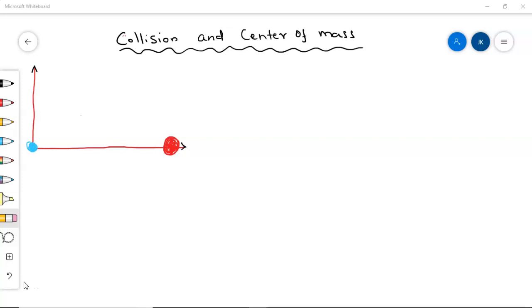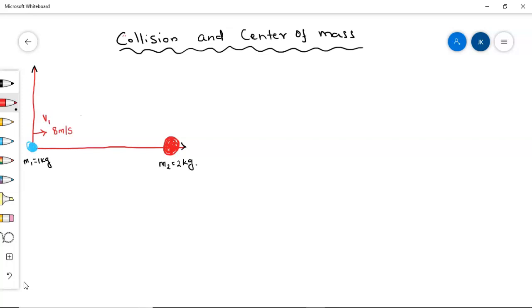In this circle, I have considered the blue circle as mass 1. For easy calculation, I have taken it as 1 kilogram, and mass 2 as 2 kilograms, just double. The velocity of the first mass is to the right, so it is positive, 8 meters per second.